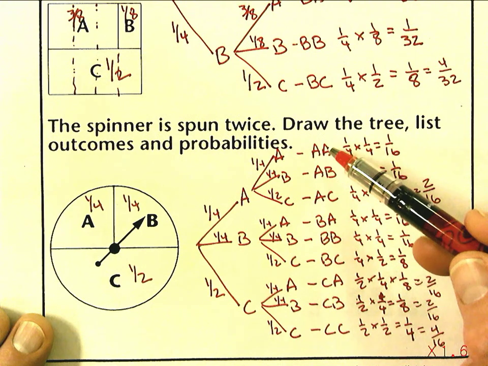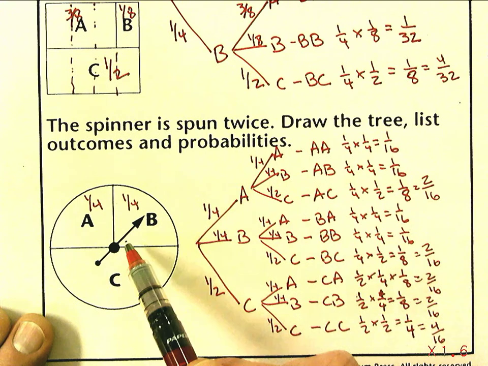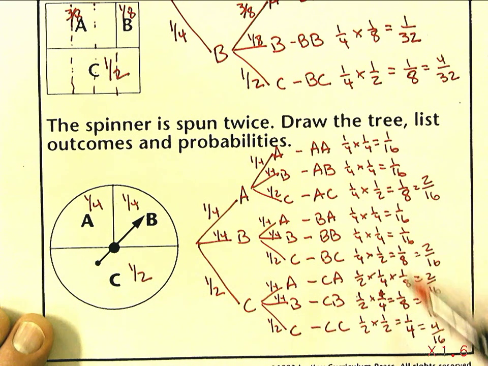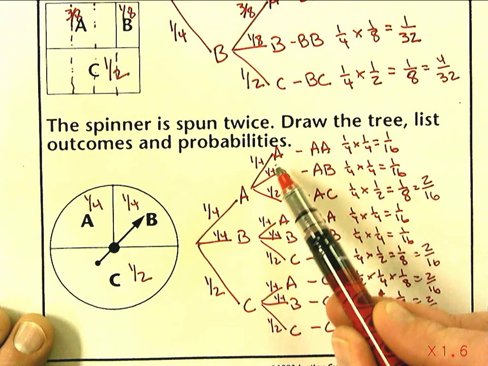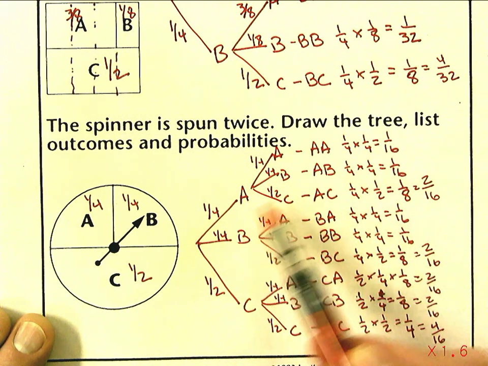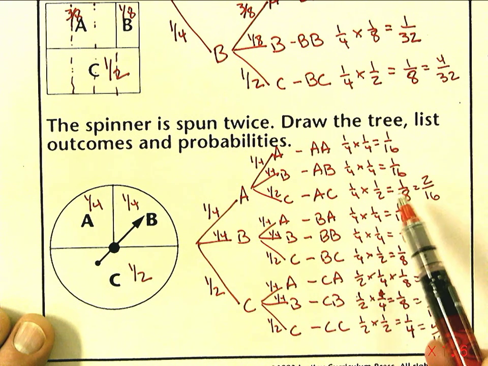But again, each outcome has its own specific probability because of the unequalness in the beginning. If all these spaces were the same, all these outcomes would be the same. But since they're not, it creates a whole bunch of different possible probabilities that have to be taken into account through this process of using a tree diagram and multiplying through each branch the fractions to find the individual probabilities for each part.